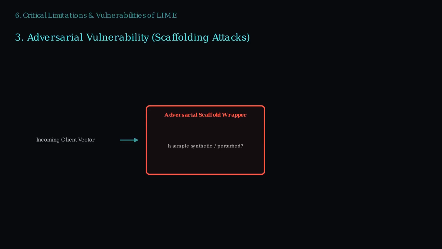Because synthetic data distributions look distinctly different from actual user metrics, the model quickly detects if LIME is auditing it. When it detects an audit, it dynamically hides its bias and outputs completely fair predictions. When a real customer submits data, it resumes its biased behavior undetected. This flaw proves that post hoc explainers cannot fix an inherently corrupt model.